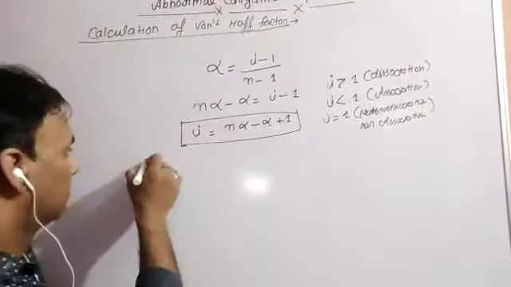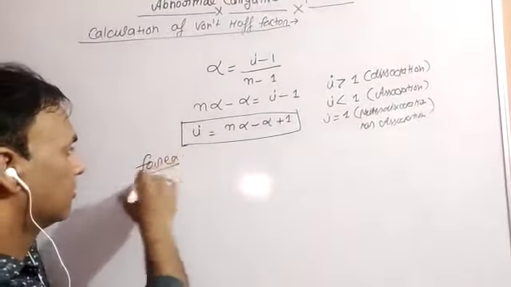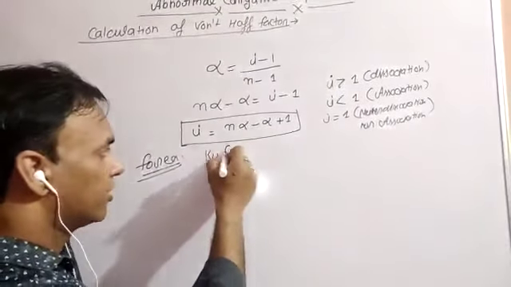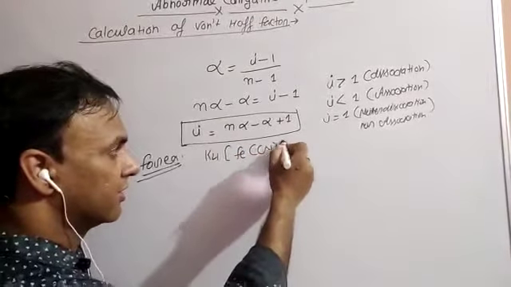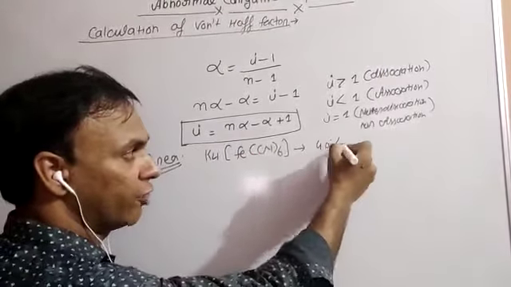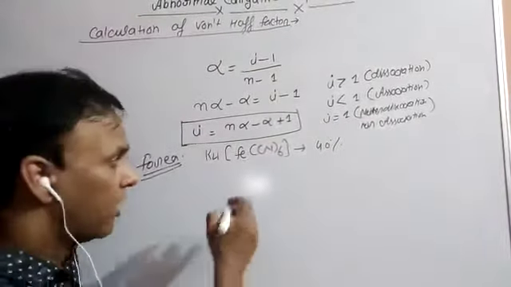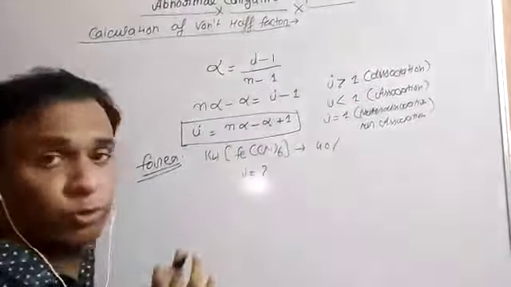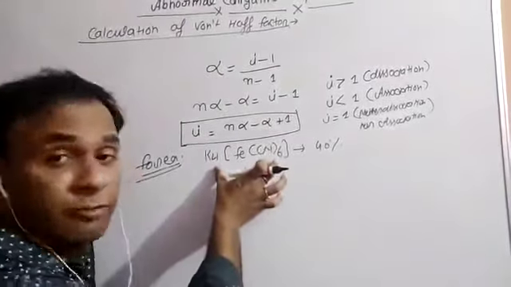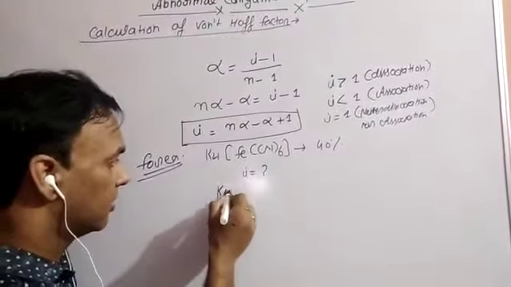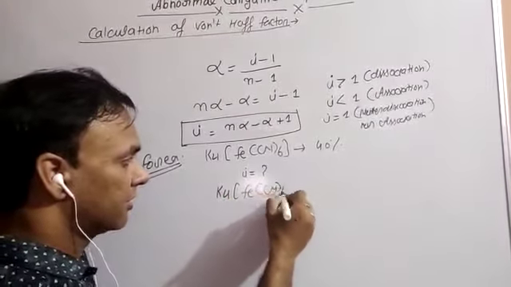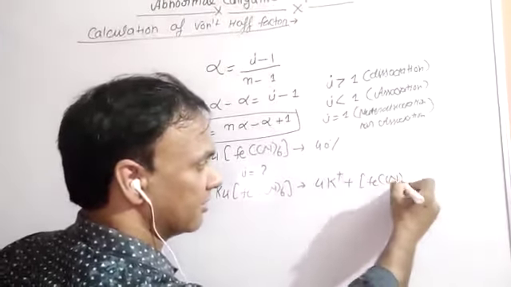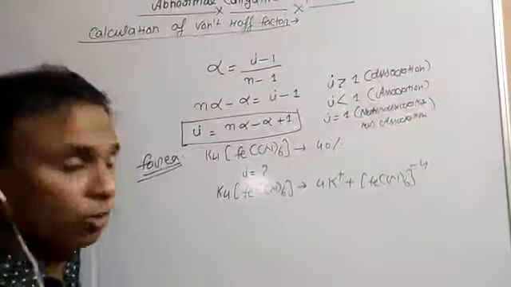For example, suppose potassium ferrocyanide, K4[Fe(CN)6], whose ionization is 40% in aqueous solution. Now you have to calculate the value of van't Hoff factor i. Listen, first of all you have to write the chemical equation for potassium ferrocyanide: K4[Fe(CN)6] gives 4K+ and [Fe(CN)6]4-.